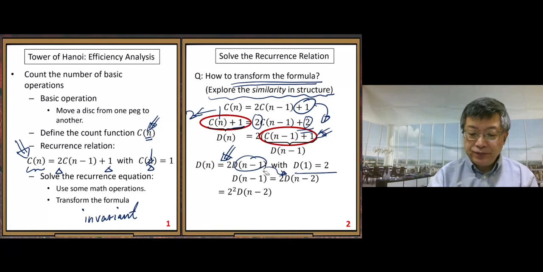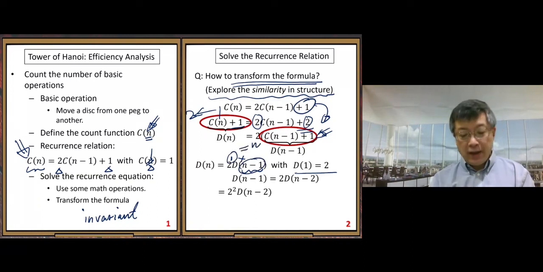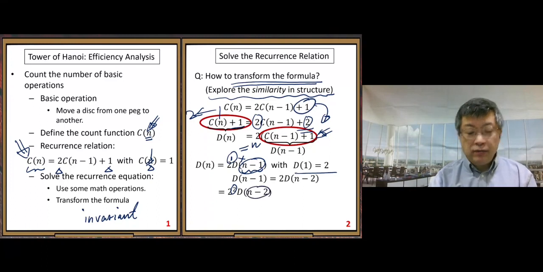So here, look at the exponent of 2. Here, the exponent of 2 is 1, and the size is n minus 1. Add these two numbers: 1 plus n minus 1 equals n. Then here, exponent 2, the problem size n minus 2. 2 plus n minus 2 is also n.